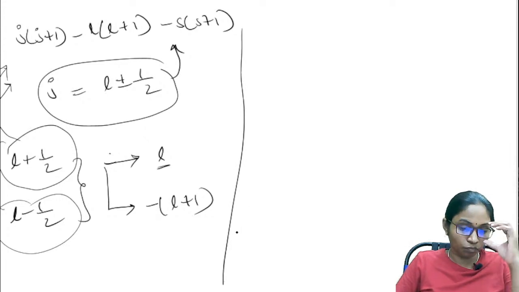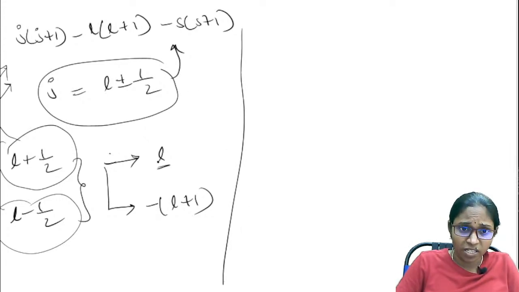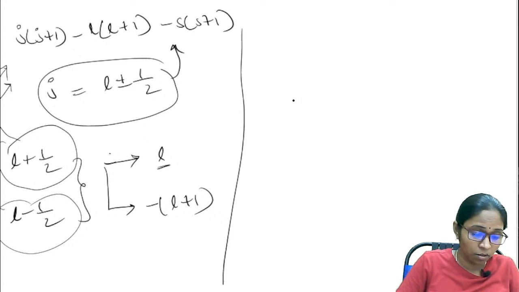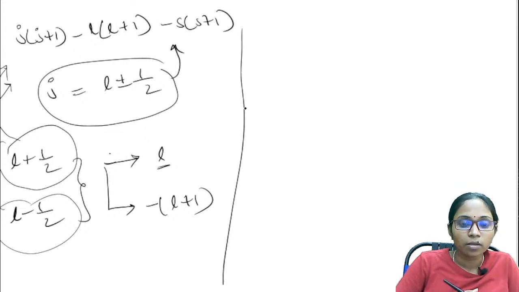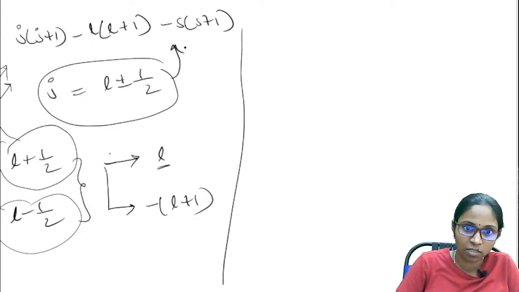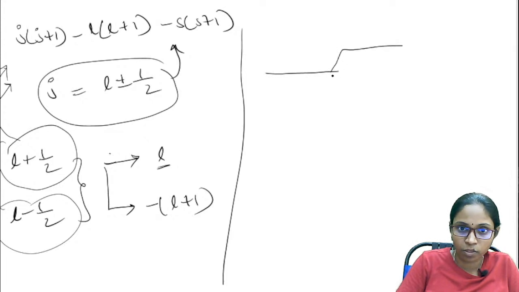That means L is divided into two terms. This is the responsibility, that means L as orbital interaction is responsible for fine structure splitting. That means one orbit is split into two orbits.